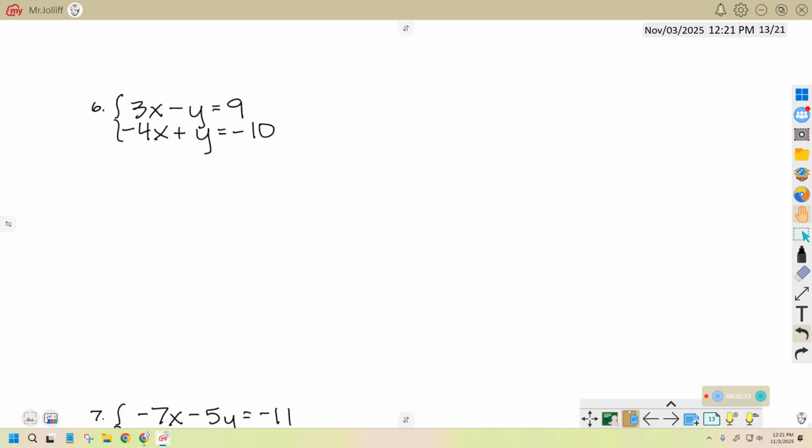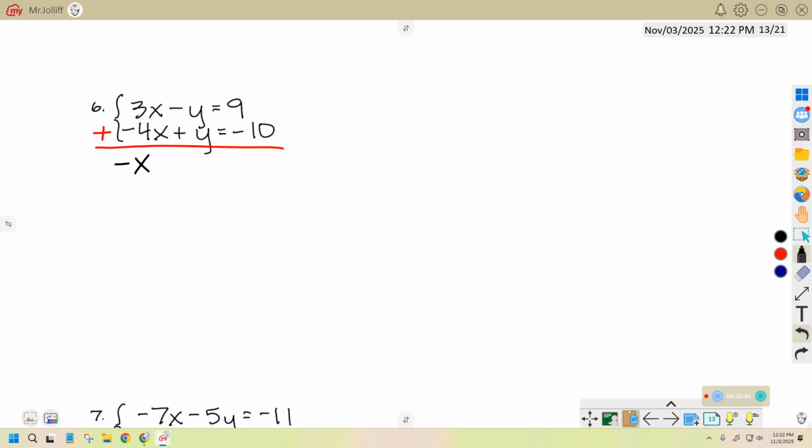The next question is, do I add or subtract? Allie, add or subtract here? Add. Very good. Opposite signs we add. And minus y plus y, I just add to get them to cancel. So, plus all the way across. 3 plus a negative 4 is a negative 1, so negative x.